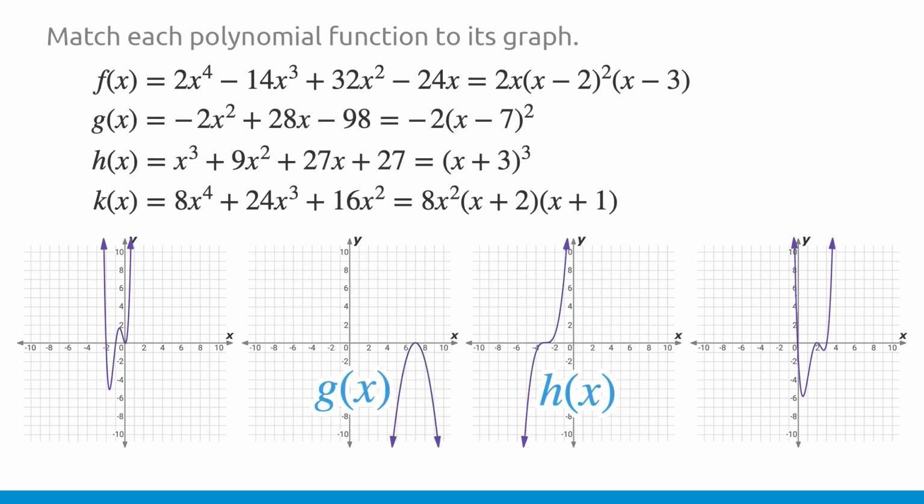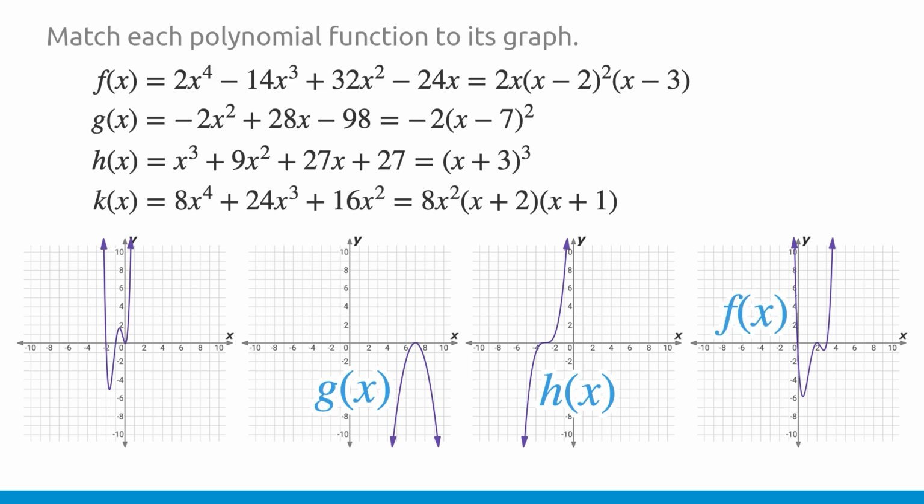So instead, let's look at the zeros of each function. Let's first set f of x equal to 0. The factored form will be much easier here. This function has 3 real zeros at x equals 0, x equals 2, and x equals 3. 2 of these zeros are positive, and 1 is at the origin.